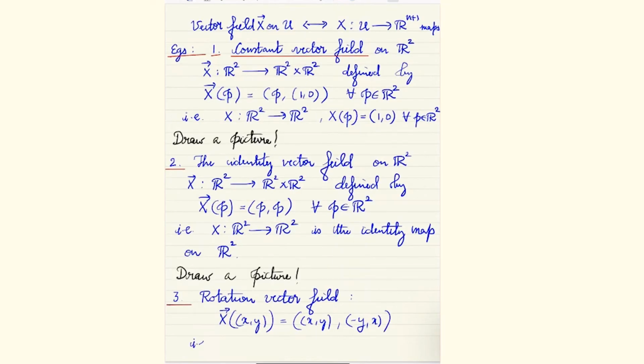That is X of x comma y. So P I've written in the usual Cartesian coordinates here. Of course, you should just fix a couple of points x comma y, see what it does, and you can see this very well.